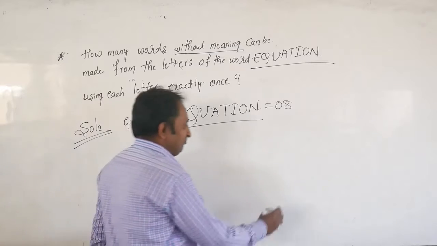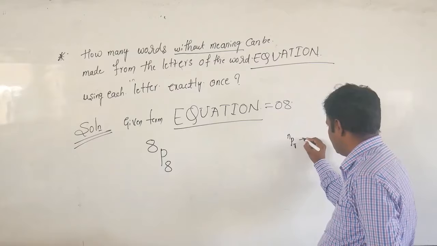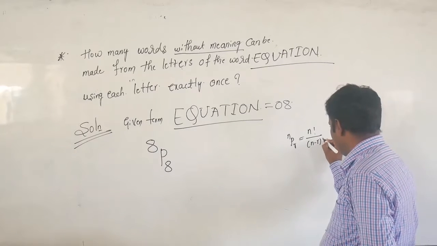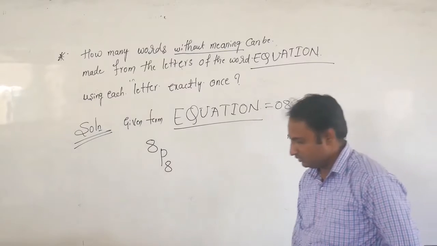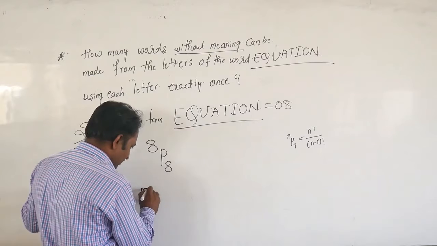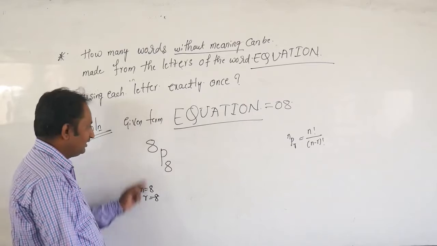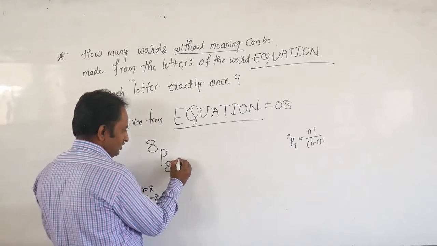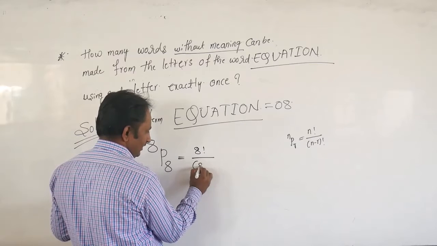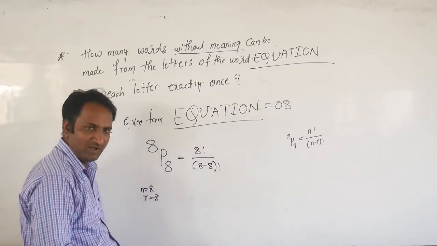We know that nPr is equal to n factorial divided by (n minus r) factorial. Here, the n value is 8, and similarly the r value is 8. 8P8 is equal to 8 factorial divided by (8 minus 8) factorial.